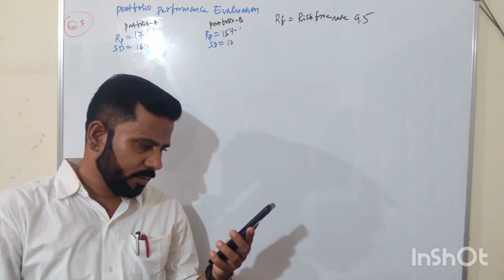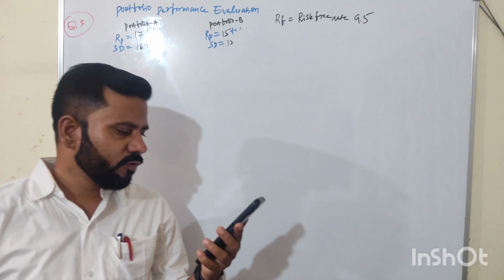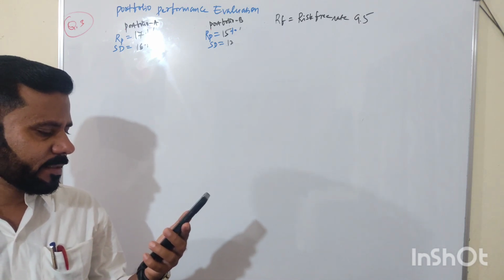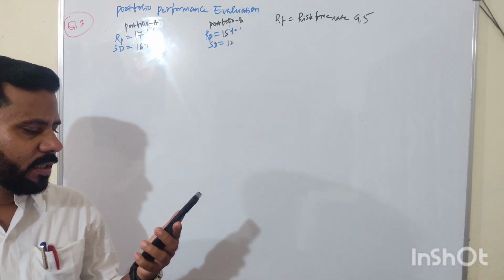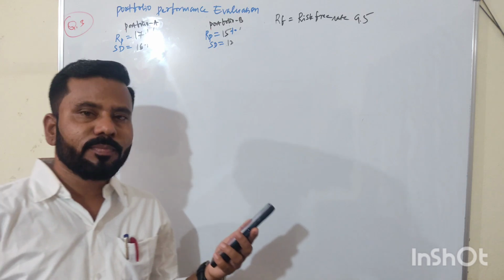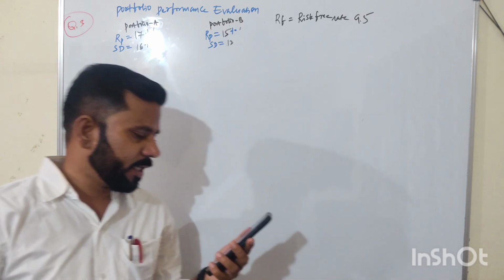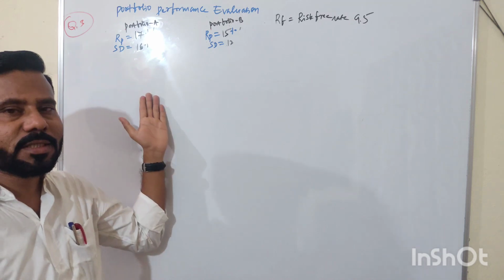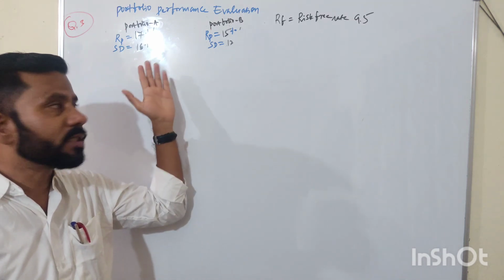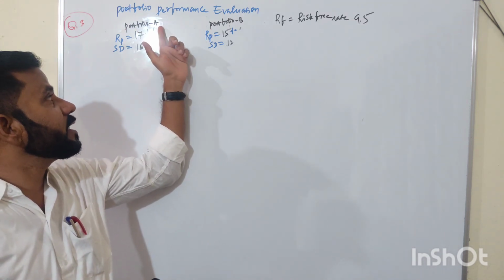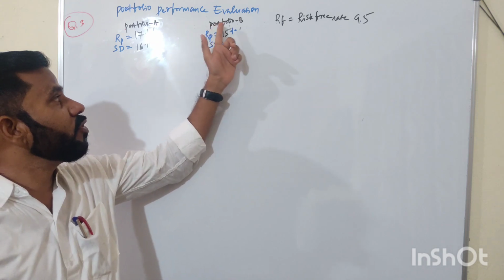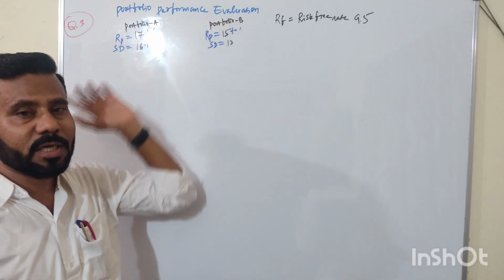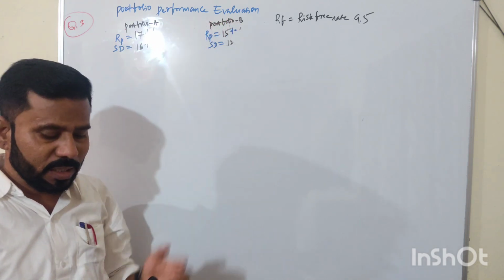After finding Treynor's index and Sharpe index, we have to evaluate the portfolio performance, meaning whether portfolio A is the better one or portfolio B is better. In that we have to comment.